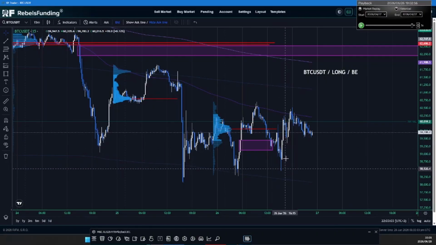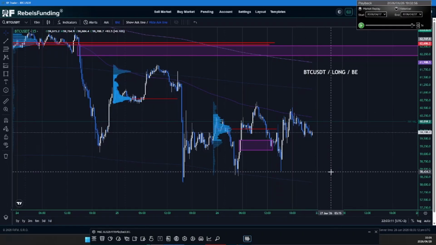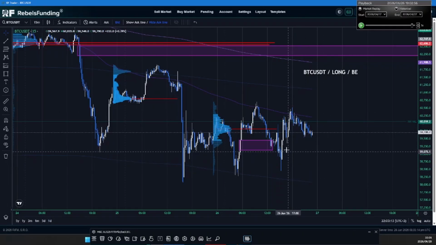The market then shot back up, bounced off the monthly value area, at which point it would have come back and broken even anyway, and then went to target. So it's just a little illustration of why I don't like to trade into those value areas and points of control, unless there's sufficient room for us to gain at least a decent bit of profit, or I suppose in this case a break even.